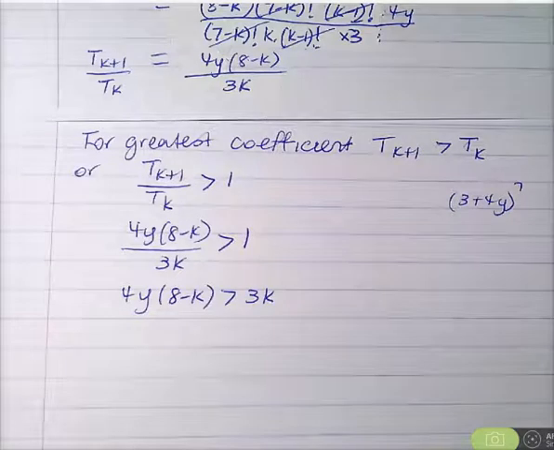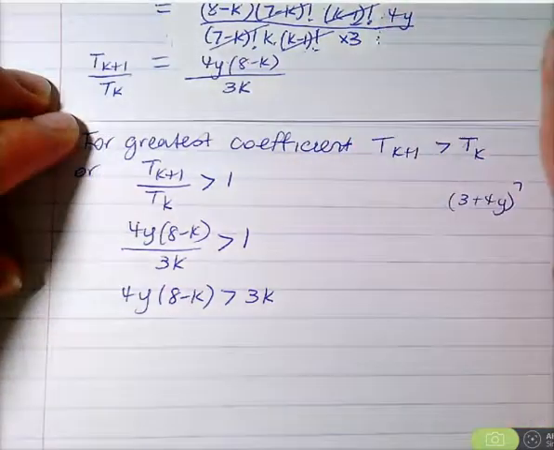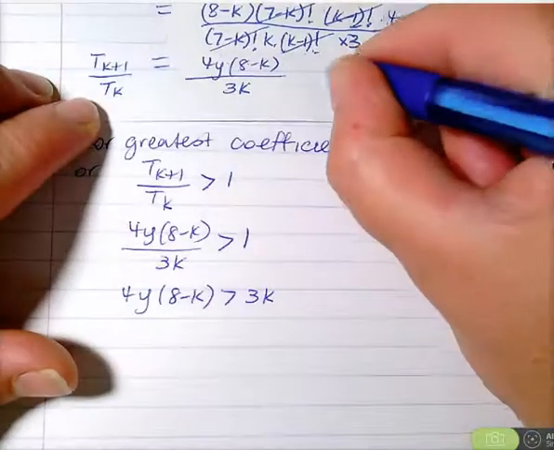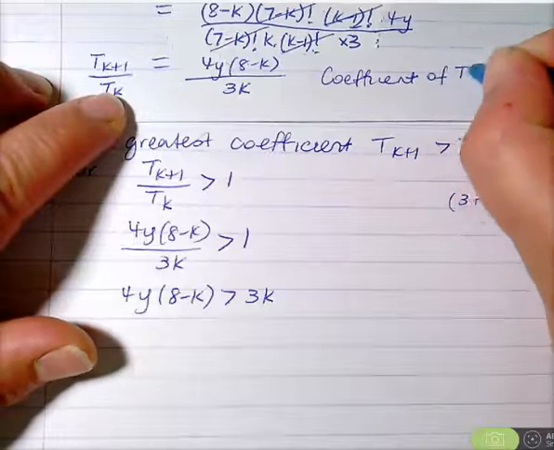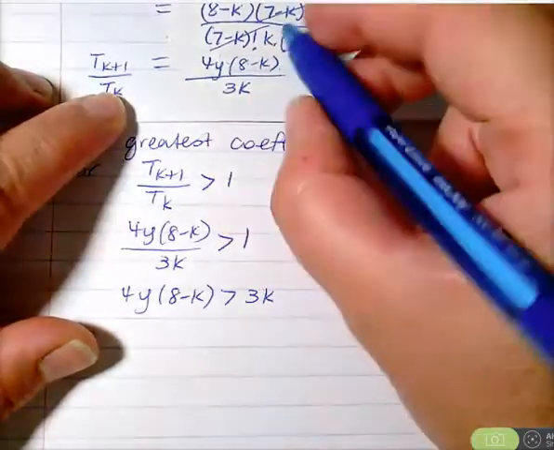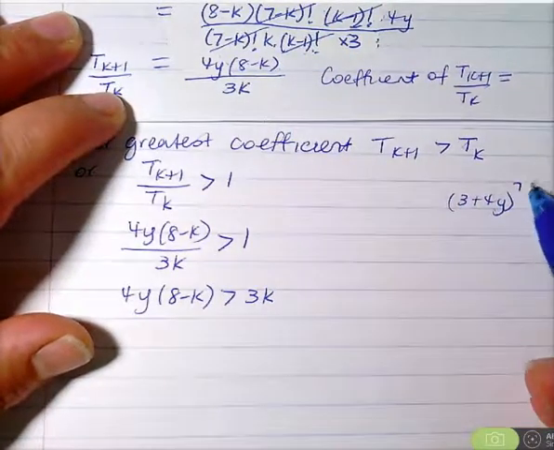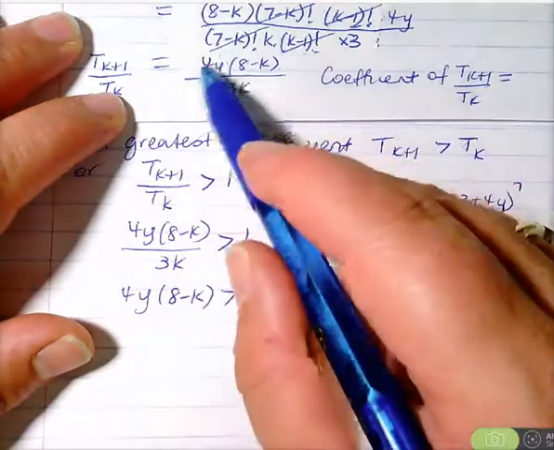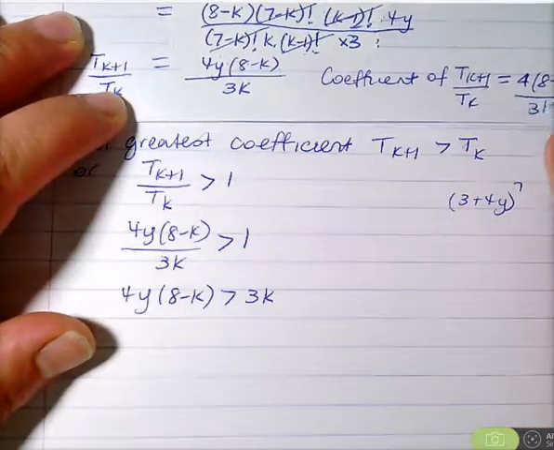Okay. Now, remember, we're just really looking for the coefficients. So, sorry, I should have just come back here. I basically want the coefficient of t to the k plus 1 over t to the k. If you notice, this is the expansion of 3 plus 4y to the power of 7. The coefficient is the 4 bracket 8 minus k over 3k.